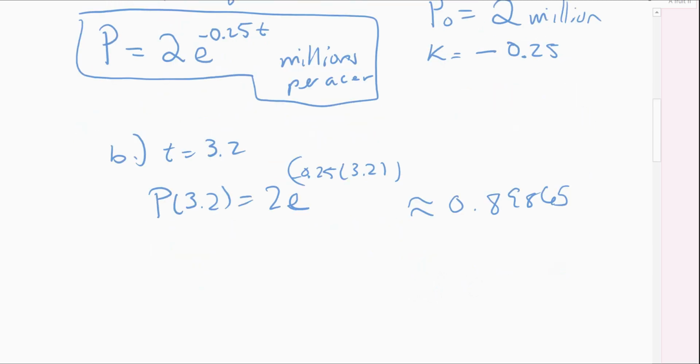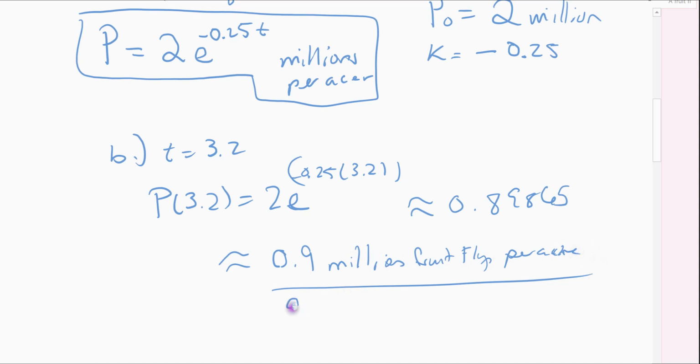But remember, that decimal doesn't mean 0.8 fruit flies. It's in millions, so it really means about 800,000. I'm going to round it to 0.9 million fruit flies per acre. Or if you prefer, 900,000 fruit flies per acre.